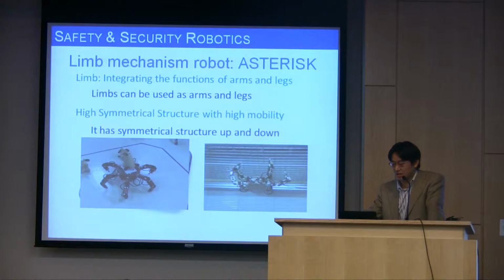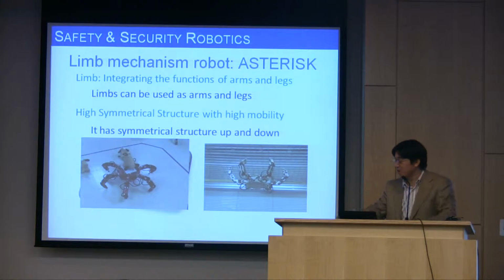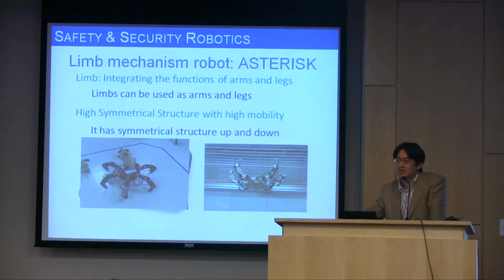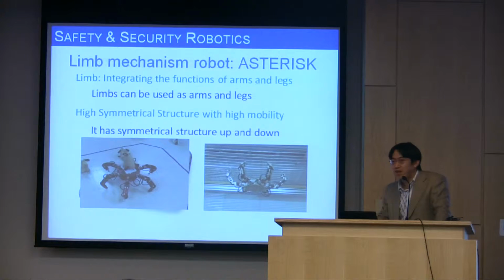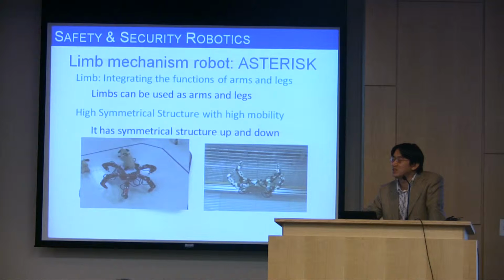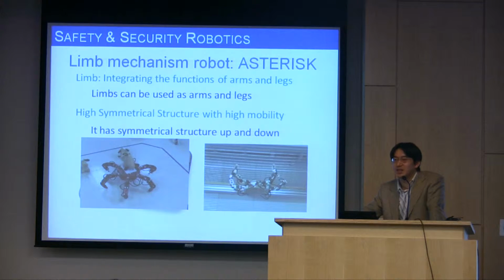In that case, the robot only goes down on the limb, then it can start walking on the floor. Some newspapers and other media call this robot a spider. Actually it has only 6 limbs, so it's not a spider, but someone calls it a spider robot.